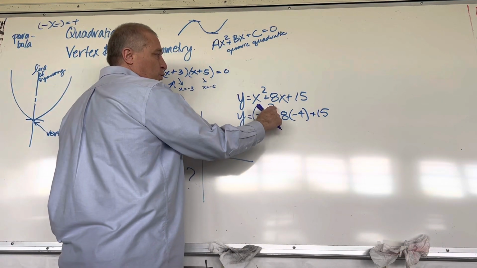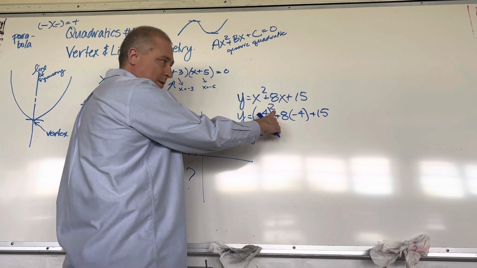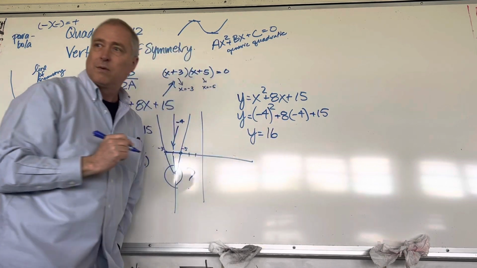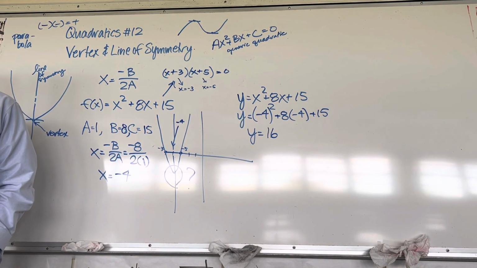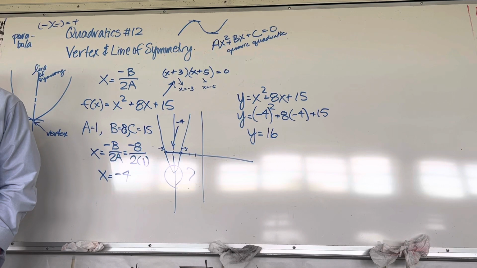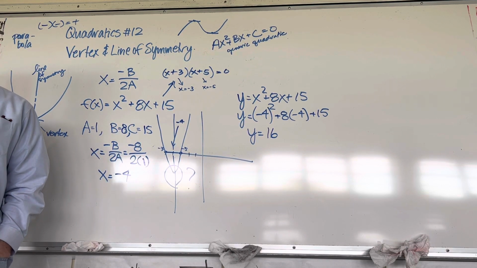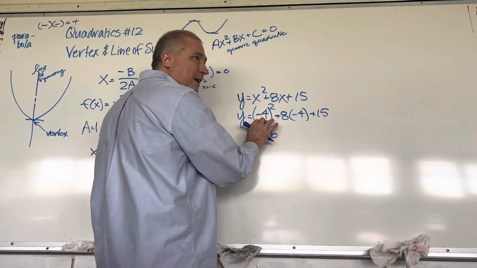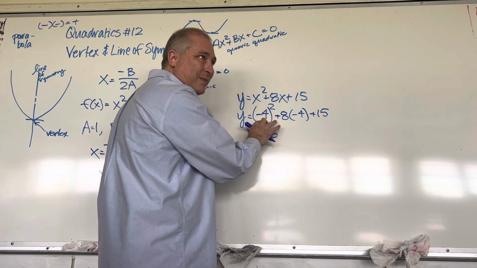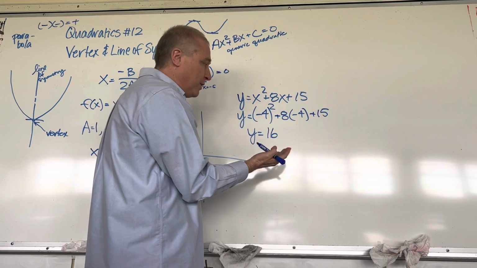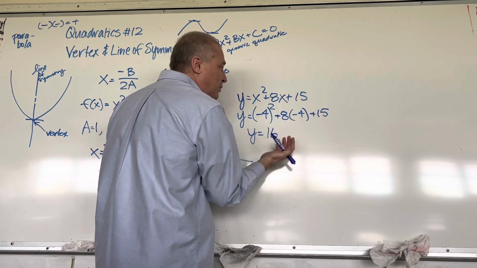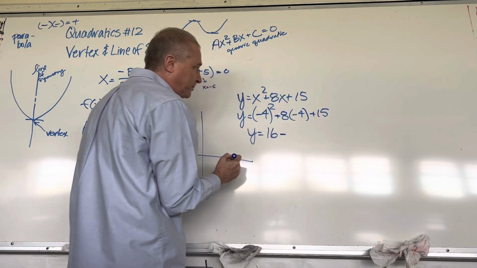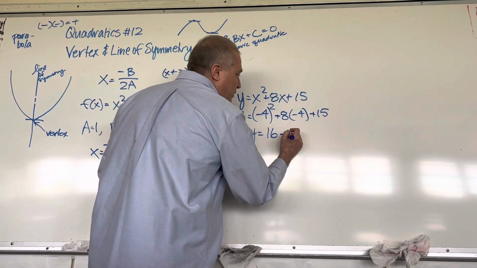What's negative 4 squared? Why is it positive? Thank you. Don't take this the wrong way, but I love you. Okay, so very good. Negative times negative is positive. You with me? And 4 times 4 is 16, so you get a positive 16. Okay, what happens to 8 times negative 4? Minus 32 here, right?